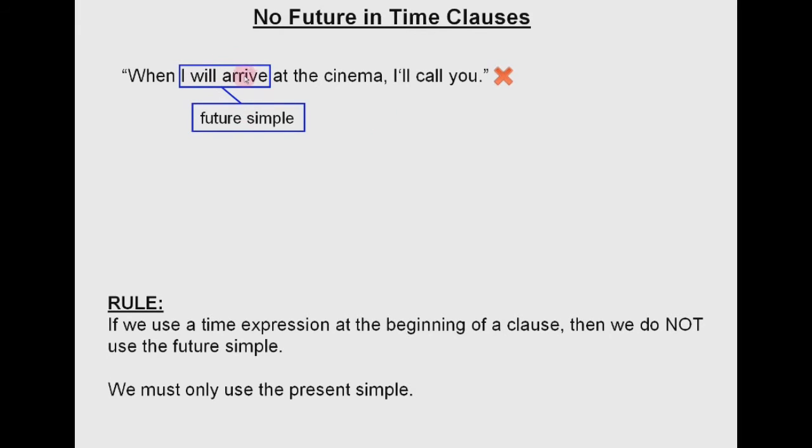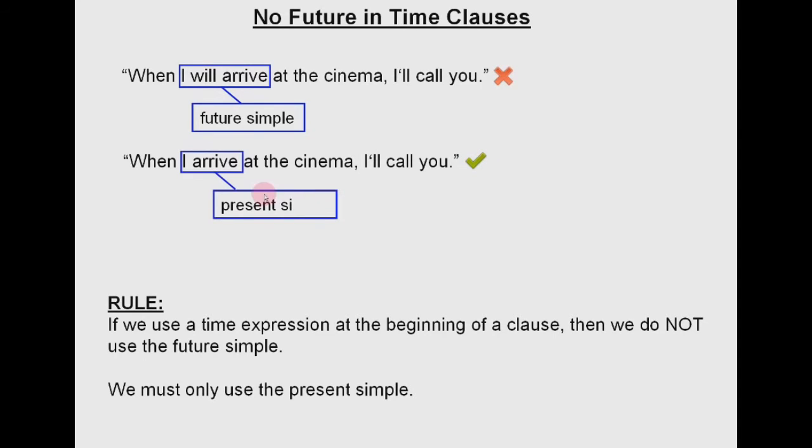And this is the part which is wrong. Here we have used the future simple, I will arrive, and that is wrong. This is what we should say. When I arrive at the cinema, I'll call you. That is the correct way of saying it. Because now we have used the present simple. I arrive. So when I arrive at the cinema, I'll call you.